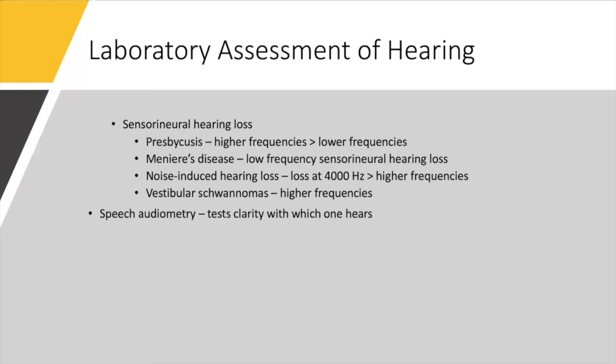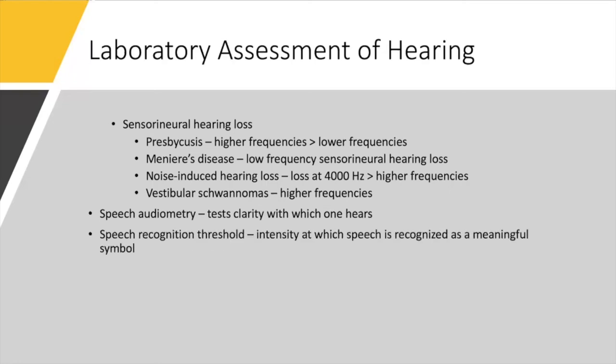Speech recognition requires greater synchronous neural firing than is necessary for appreciation of pure tones. Speech audiometry tests the clarity with which one hears. The speech reception threshold is defined as the intensity at which speech is recognized as a meaningful symbol. It is obtained by presenting two-syllable words with an equal accent on each syllable.